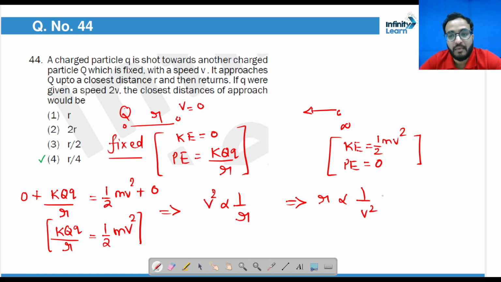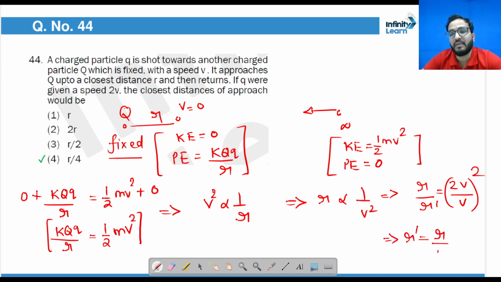So if the speed is doubled, r upon r dash is equal to 2v upon v whole square. So r dash will be r by 4. So if the speed is doubled, obviously the distance will be 1/4. Logical, na? r is inversely proportional to v square.